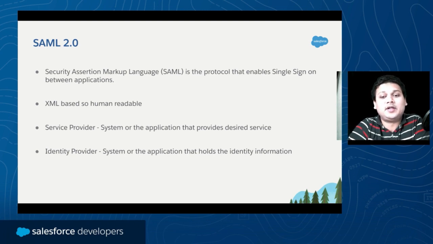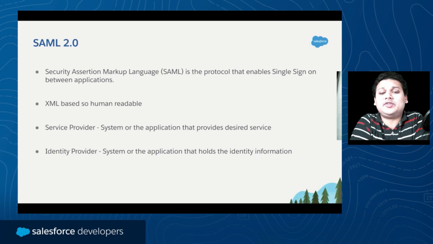For example, it could be Salesforce, it could be Google, or it could be any other application that you access which provides a service. Now, what is an identity provider? An identity provider is a system or an application that holds the identity information. That is, it has your user account, and it has your username and password.